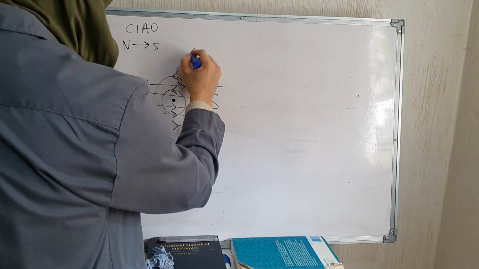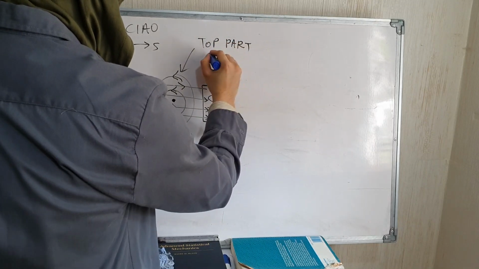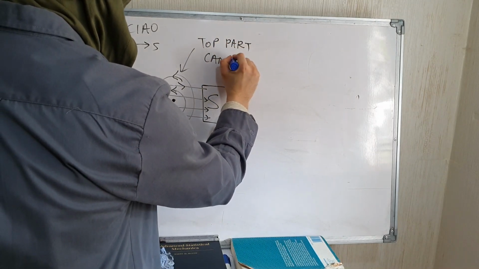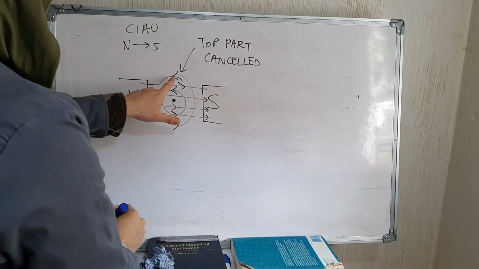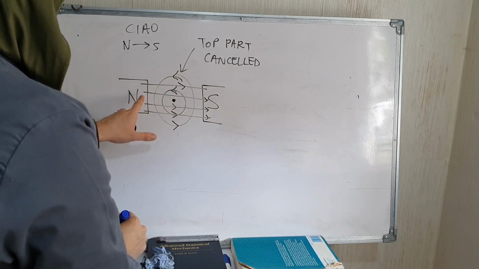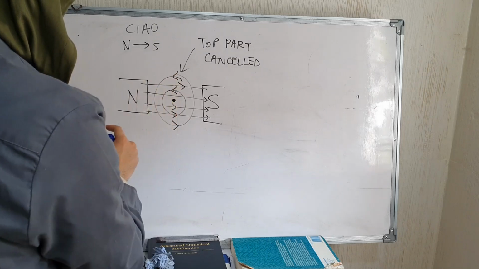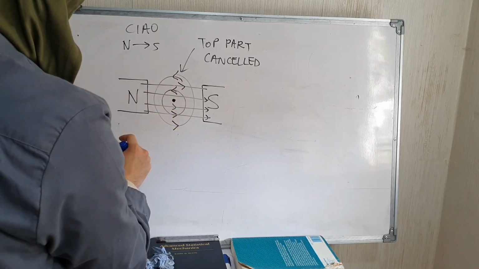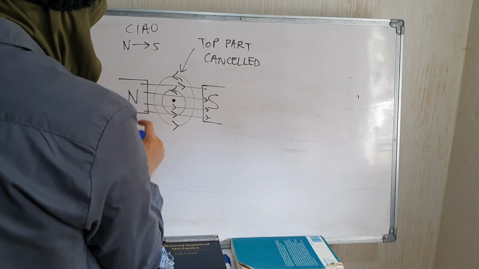So the top part is cancelled out, because the field lines are going from right to left, and the field lines from the magnet are going from left to right. So that will cancel with that, and that will cancel with this.